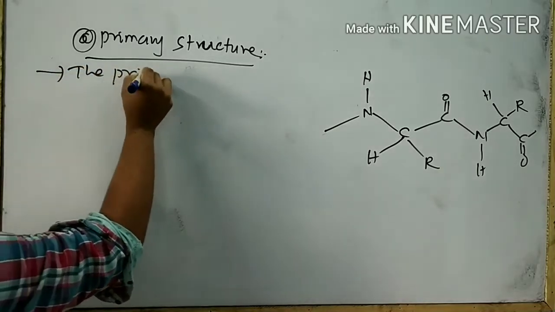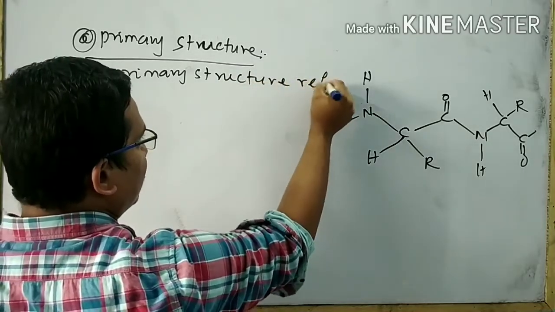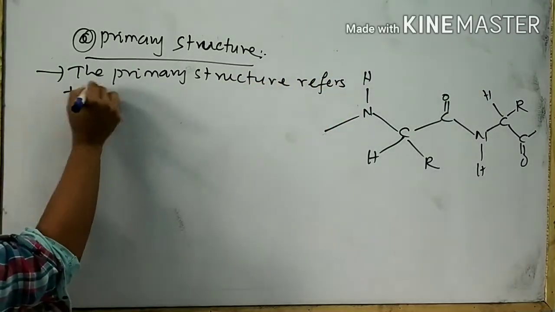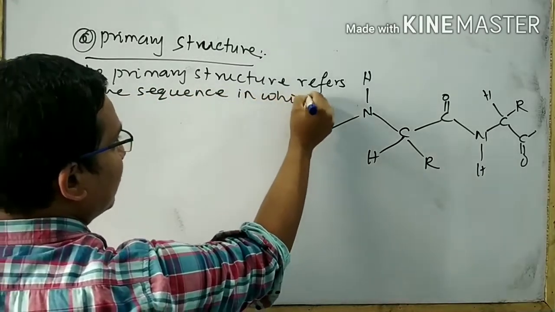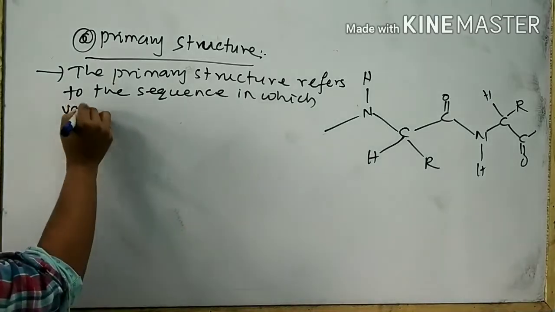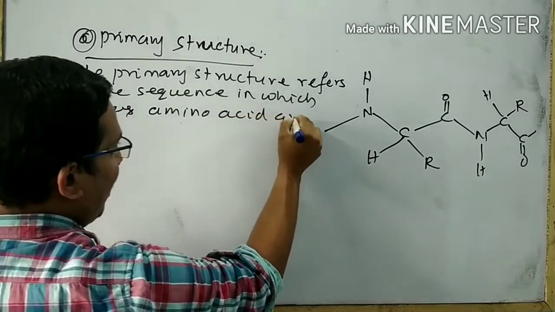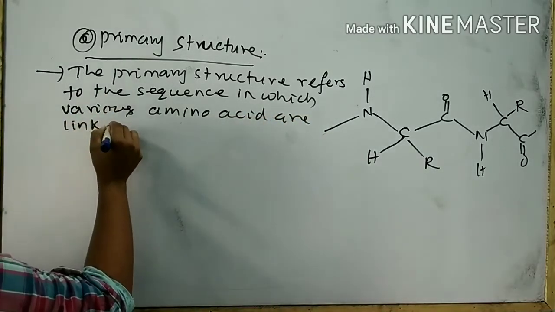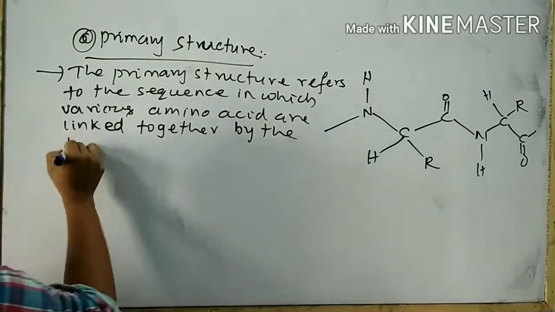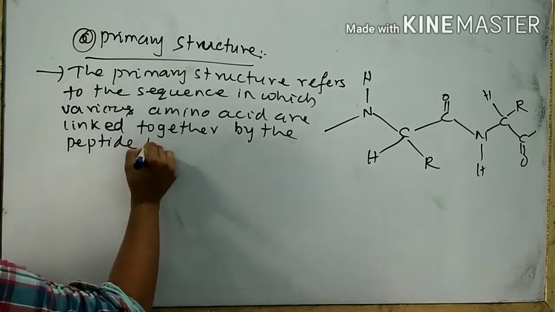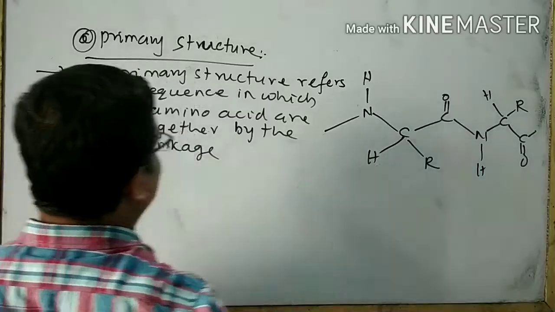The primary structure refers to the sequence in which various amino acids are linked together by the peptide linkage. This is said to be peptide linkage.